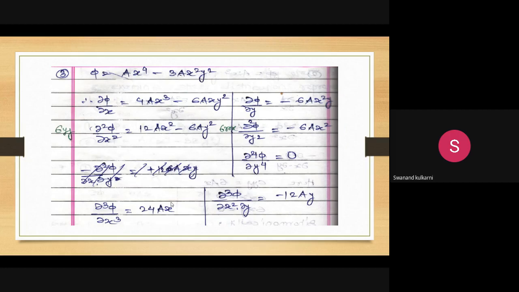If del raised to 4 phi is equal to 0, then and only then can we say that this function follows the biharmonic condition and can be solved by Airy stress function. Is it okay? So let us check all the things one by one.